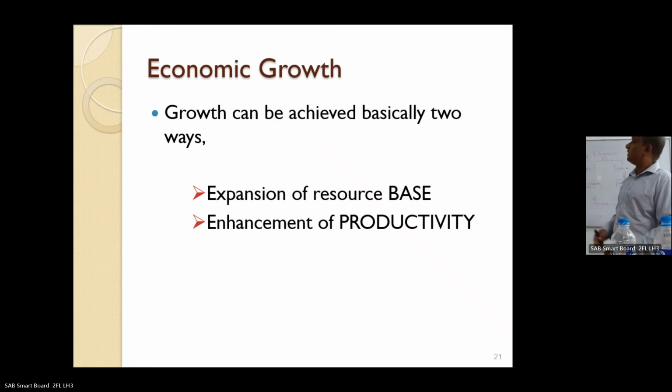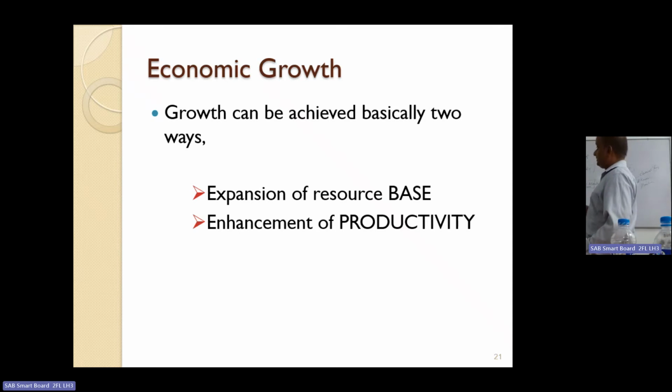The other one is specialization and the division of labor, which also increases the productivity. Those are the ways, and you can think about others. So basically, we can achieve growth in resources by increasing the resource base and enhancing the productivity.